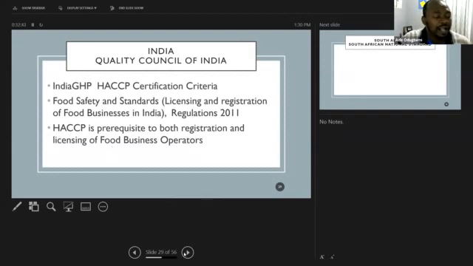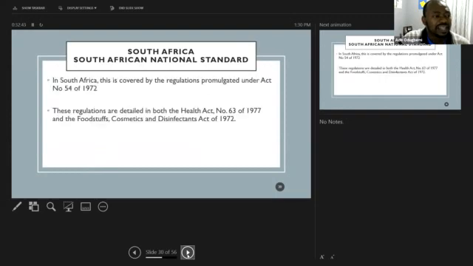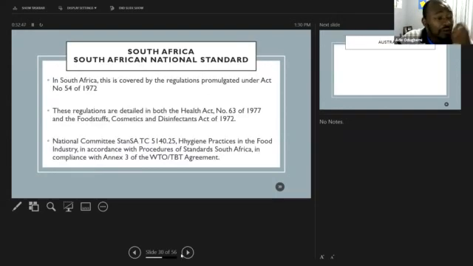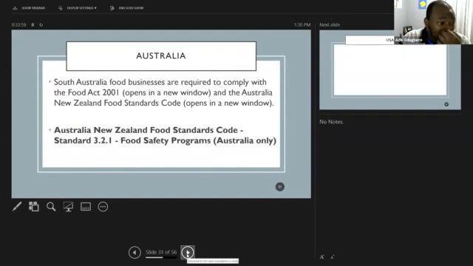You have to have HACCP. Same in South Africa. South Africa says for you to be able to deal with food, you must have a HACCP program. In Australia, the same, you must have a HACCP-based program.